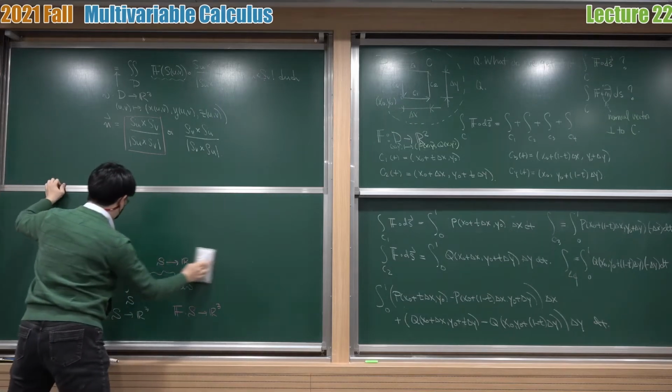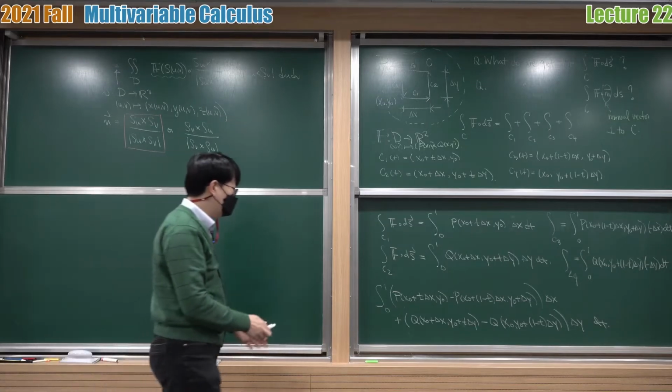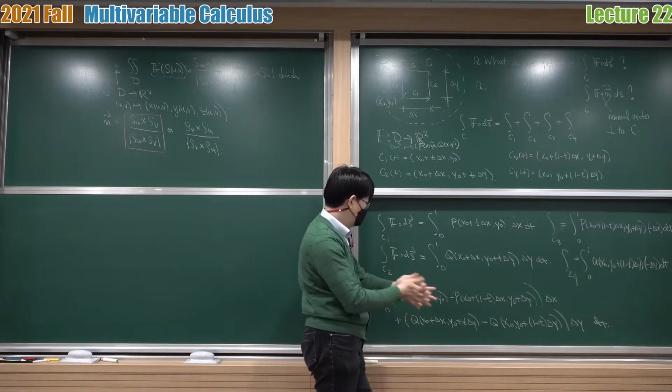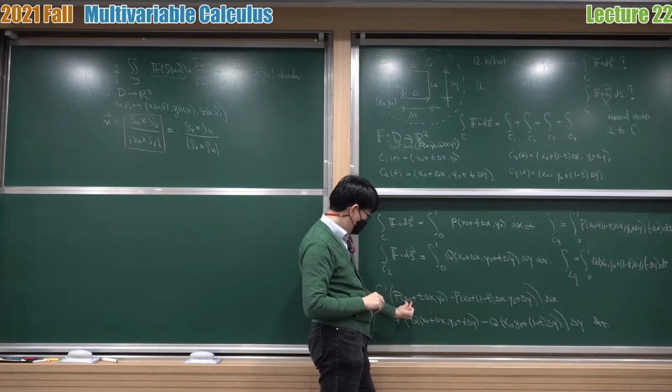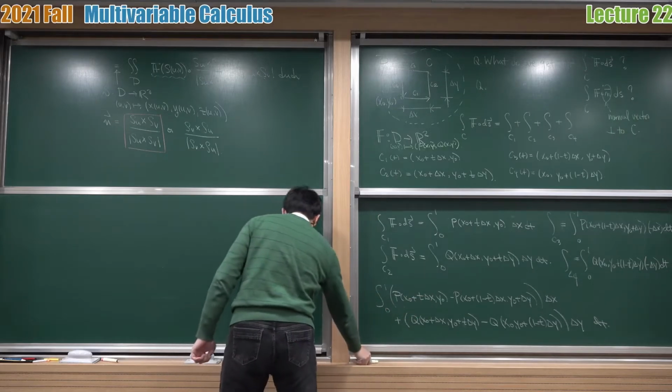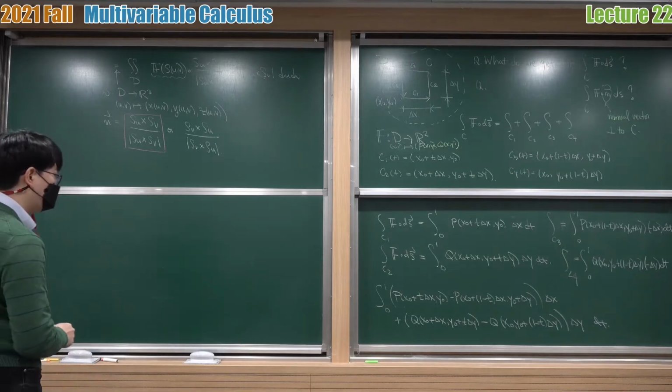Let's try to simplify. What do I get here? So when t is from 0 to 1, I'm moving my... okay, so I have to make one more argument here before I talk about this. Right.